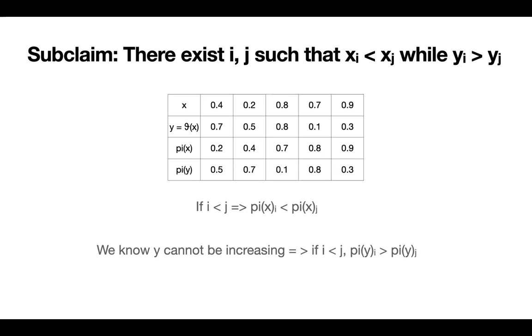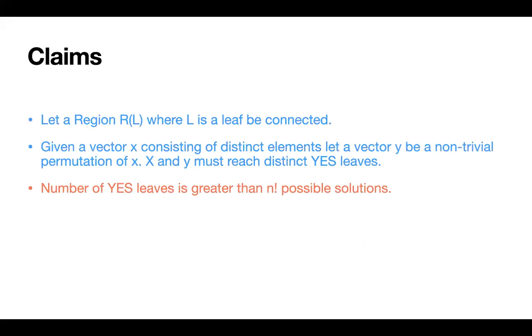We know y cannot be increasing because if i is less than j, then pi of yi must be greater than pi of yj. So if we remap these back onto here, we see that this statement still holds true. So now we've been able to prove our first two claims.